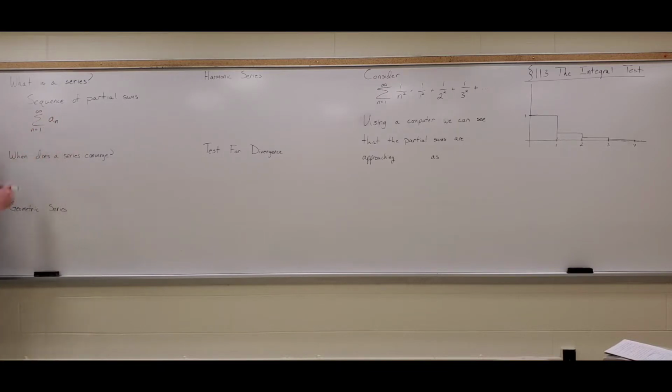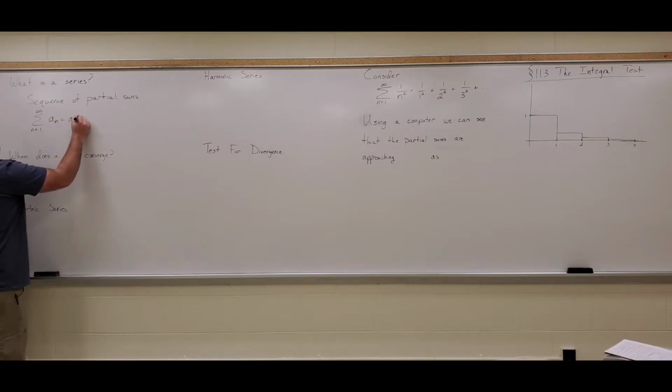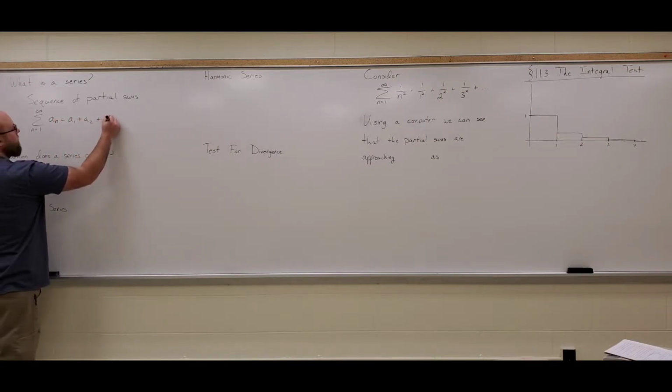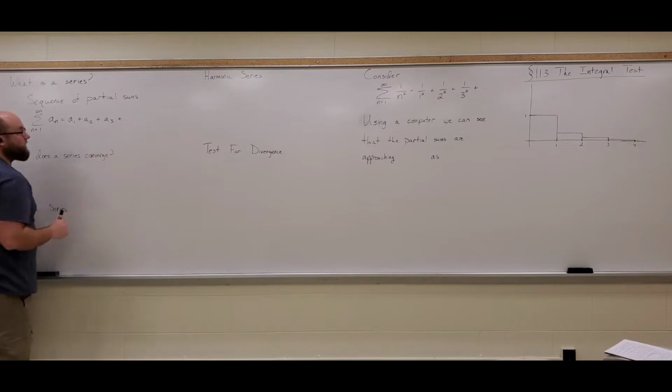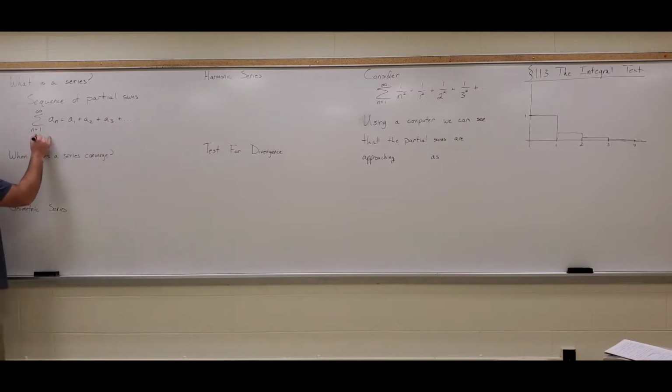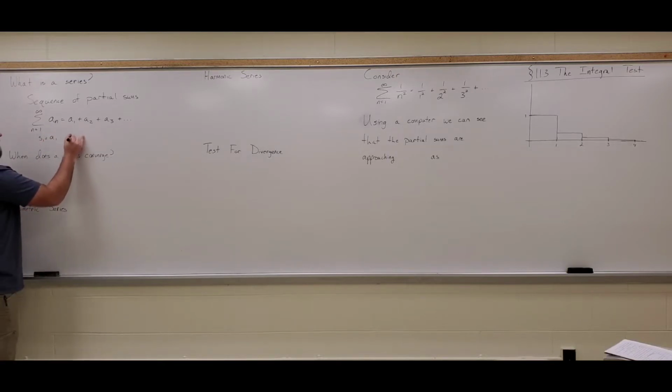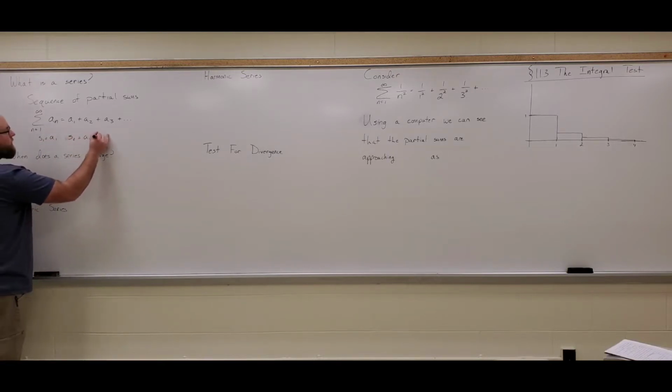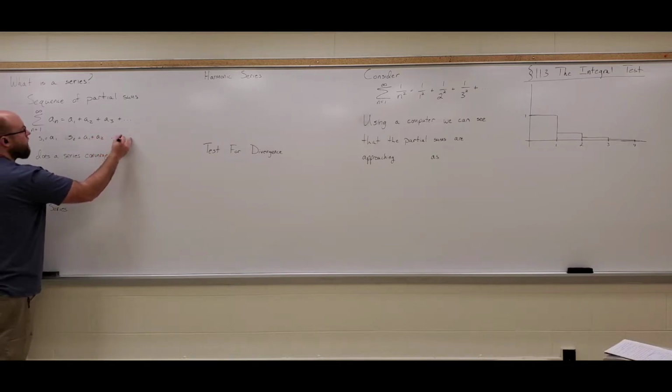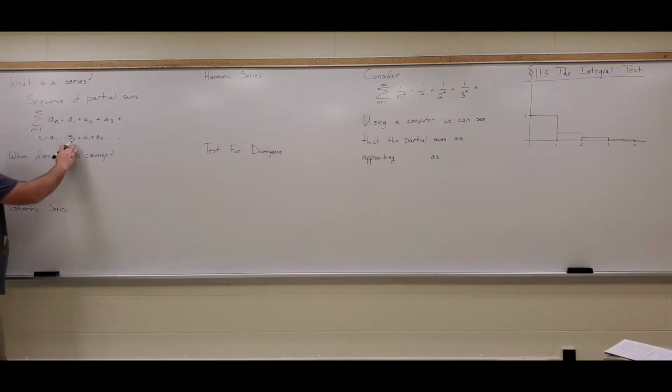This is the formula of the series, which is equal to a1 plus a2 plus a3, and so on. Its sequence of partial sums, S1, would look like a1. S2 would look like a1 plus a2, and so on.